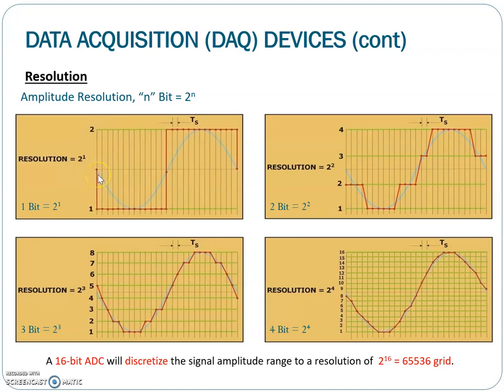Signal with value will be grouped into 1 or -1, giving a square wave as shown in the red line. In this case, a continuous sine wave, when it goes through a 1-bit ADC, will discretize to a square wave instead of a sine wave.